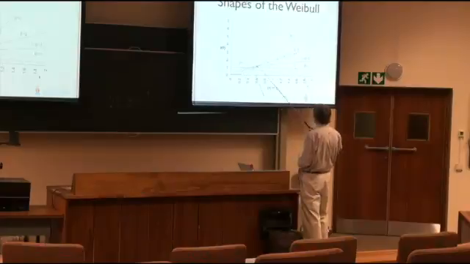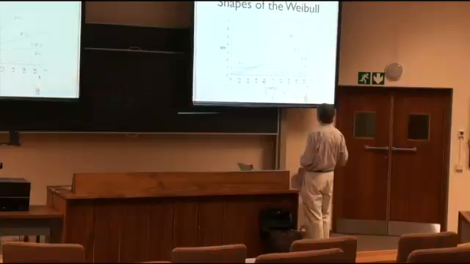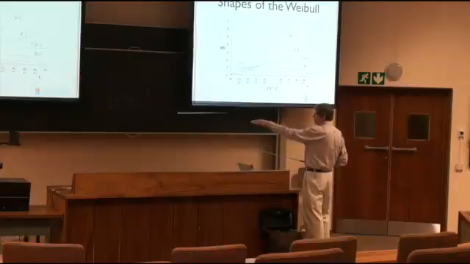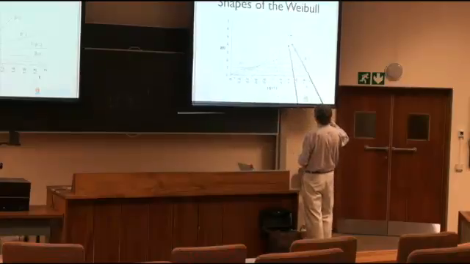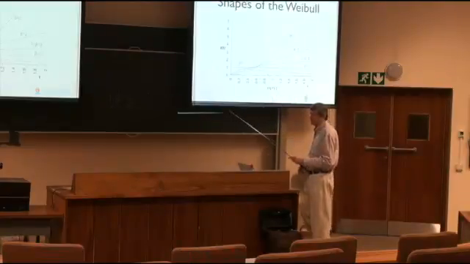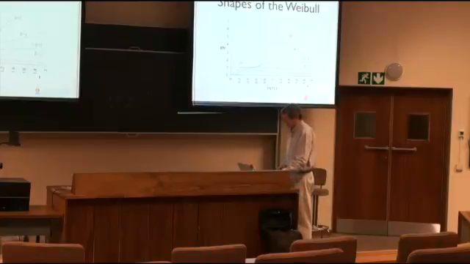At beta equals 2, the force of mortality is directly proportional to the time scale. Between 1 and 2, it has what I call a convex shape. And when it's larger than 2, it has a concave shape.